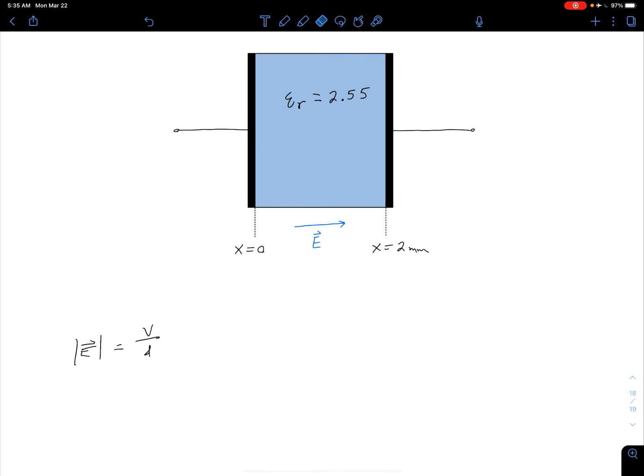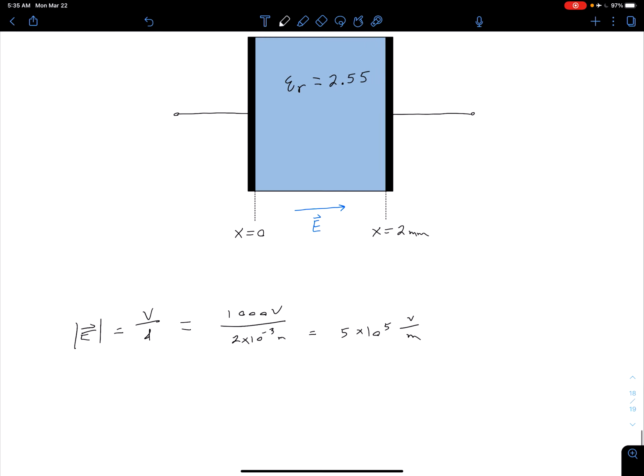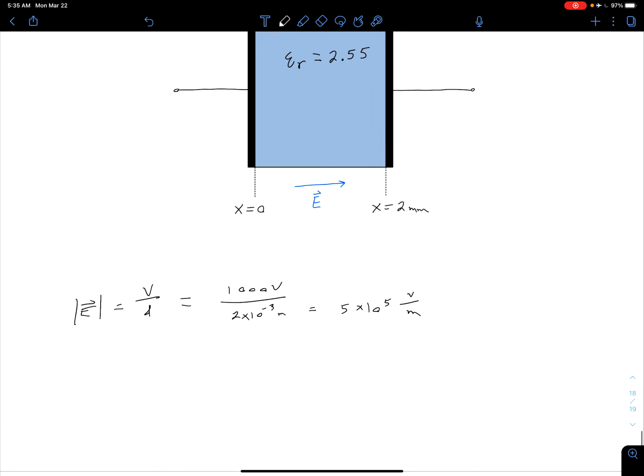So we have our 1 kilovolt, which is 1,000 volts, divided by our separation, which we want to put in meters, so 2 times 10 to the minus third meters, and we get 5 times 10 to the fifth volts per meter.